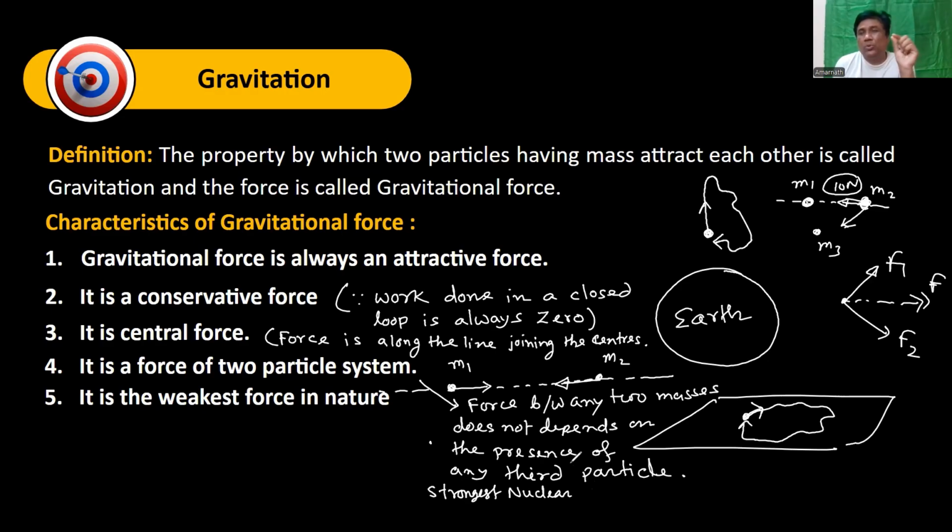Say the force between two neutrons, or between two protons. After that comes the weak nuclear force. These are naturally existing forces. Then comes the electromagnetic force, the force between two charges, or between two magnets.